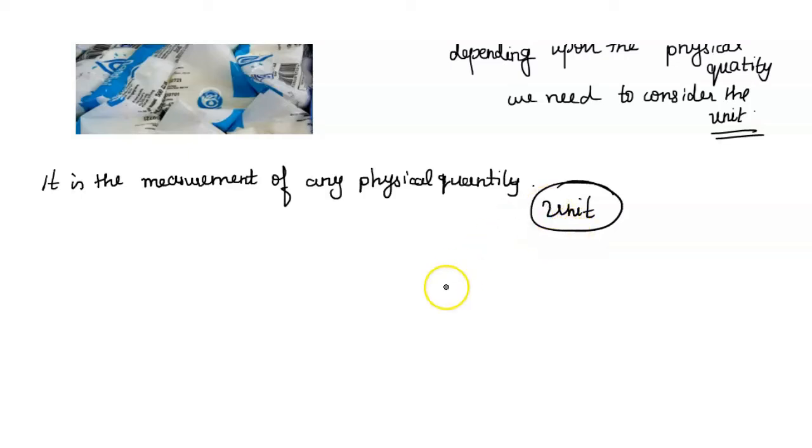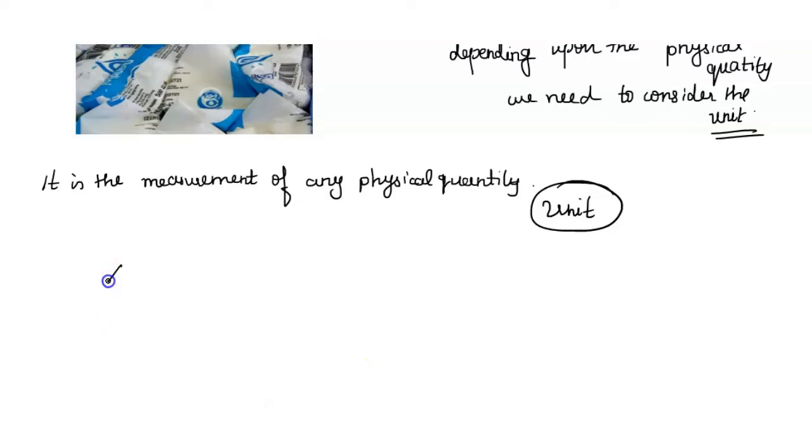A unit basically gives us a fair idea of how big a quantity is or how small a quantity can be. For example, if someone asks you how far your school is from your home, what will be your answer?